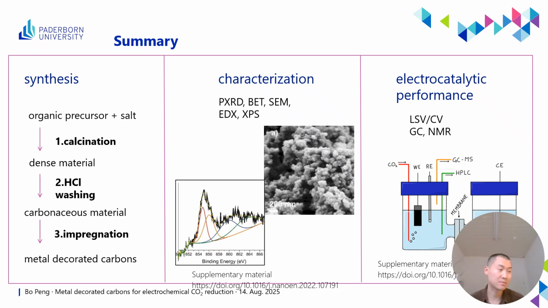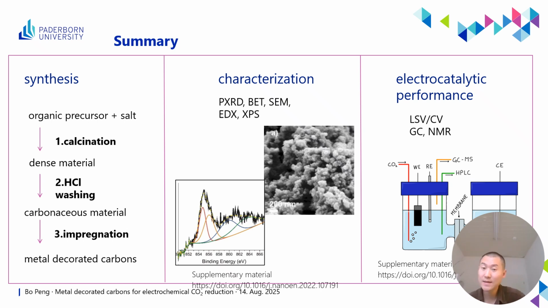We add some metal salt and calcine it again, then we got our metal-decorated carbon. The second part is characterization. We use powder X-ray diffraction, BET surface analysis, scanning electron microscopy, energy dispersive X-ray spectroscopy, and last but not least, X-ray photoelectron spectroscopy.